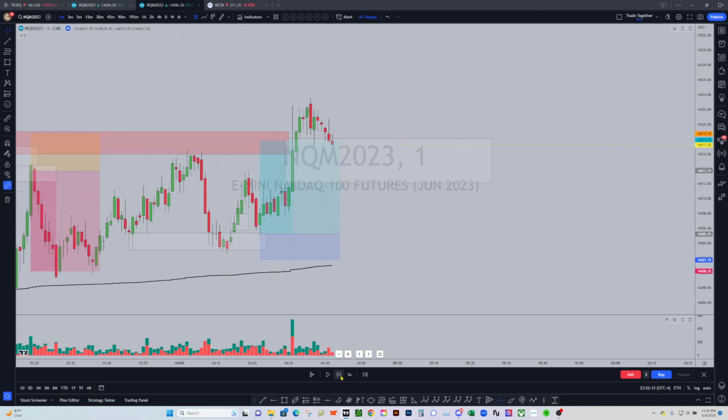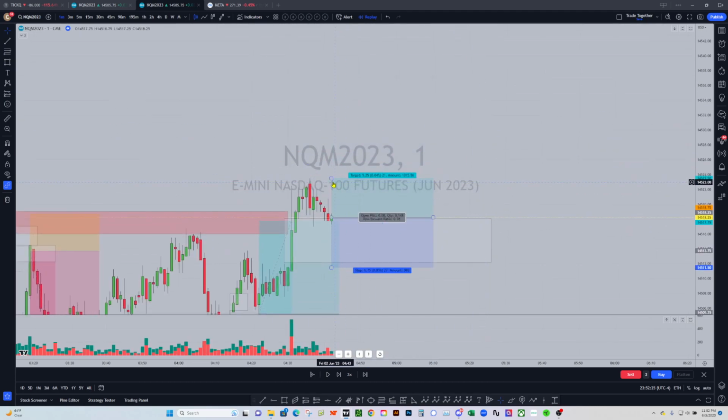So you could potentially look for a long position here and keep your stop just below the imbalance, and then just target a 1 to 2, or look back in time and see if you could find a better risk reward.